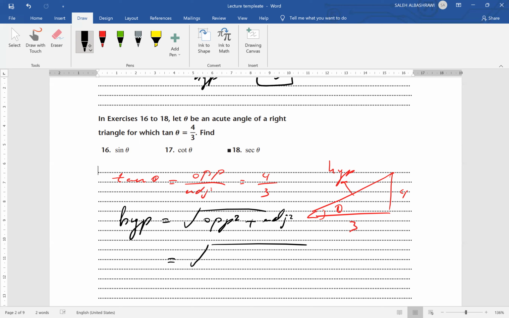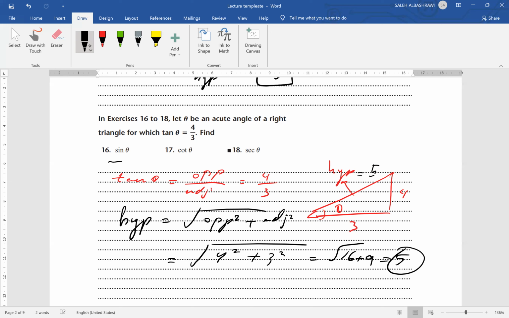If we are looking for the largest side, we add. If we are looking for one of the short sides, we subtract. So we have 4 squared plus 3 squared, which is 16 plus 9, that is 25, and the square root is 5. So the hypotenuse is equal to 5.